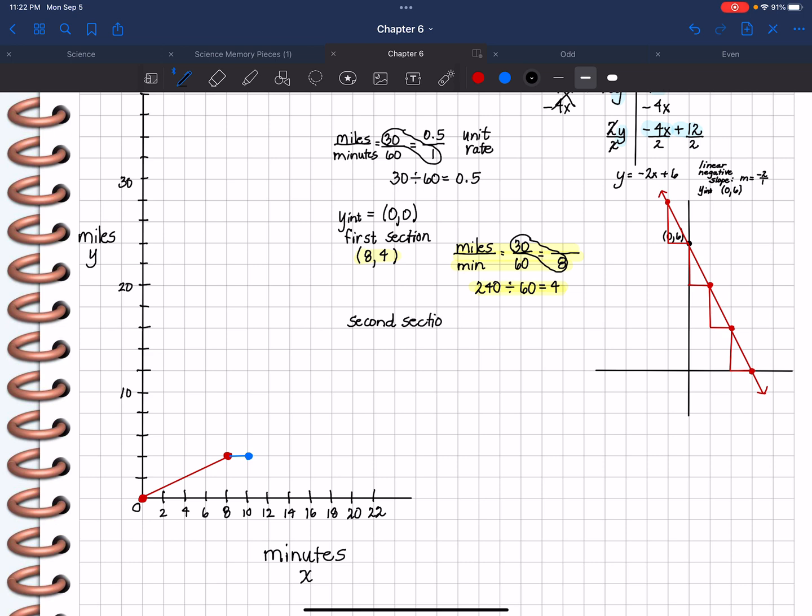Okay, so we need a point. And this is a little tricky. She's going to be driving from 10, the point 10, for 10 minutes. So where would that put her?